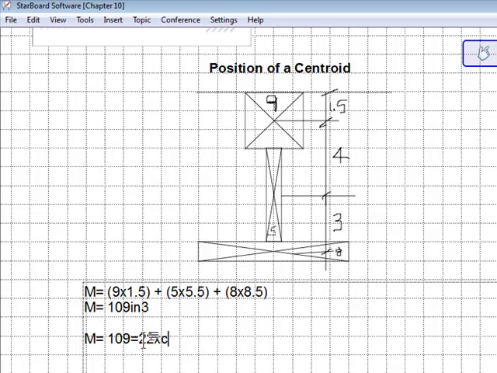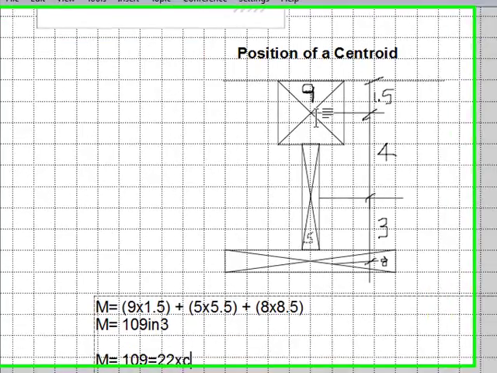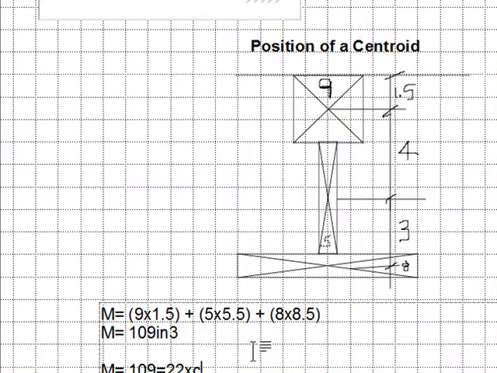Another way to get that is the total area times the distance to the centroid, because if you add all of these areas up times the centroid, which is to the reference axis, it equals the same thing. So then you do your math and you say C equals 109 divided by 22, which equals 4.955.